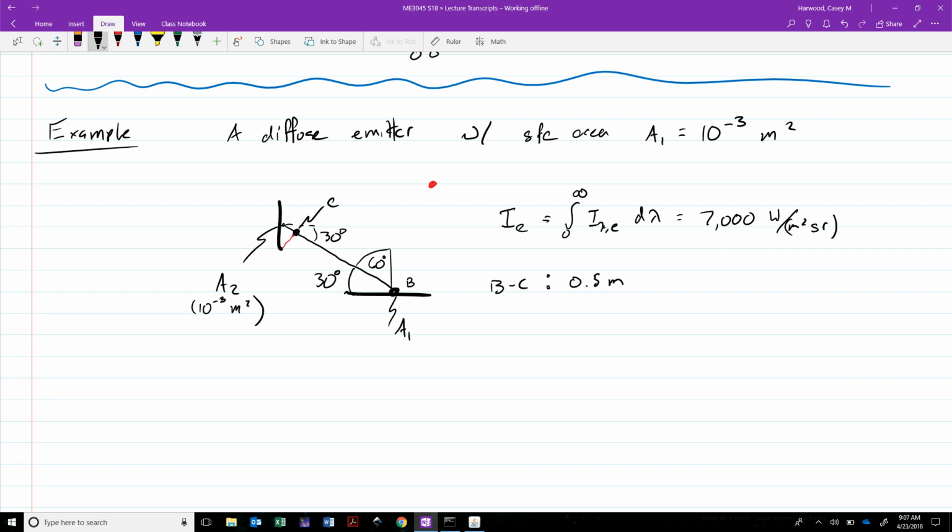So what's going on here is A1 is our emitter, and A2 is going to be some surface that is intercepting some of this emitted radiation. So what we're going to try to find is three things.